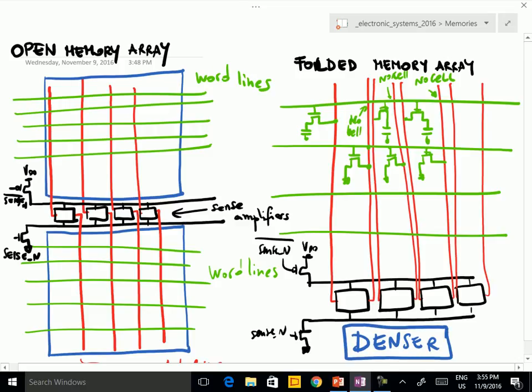It's not clear from this drawing, but it is denser because in the open memory array, for all the crossings, we have a memory cell. For the folded memory array, for half the crossings, we have no cell. So in practice, the number of cells per unit area is smaller for the folded memory array. This means that the open memory array is denser.